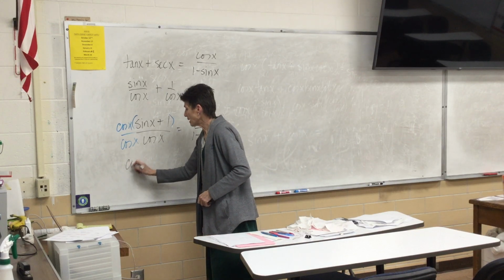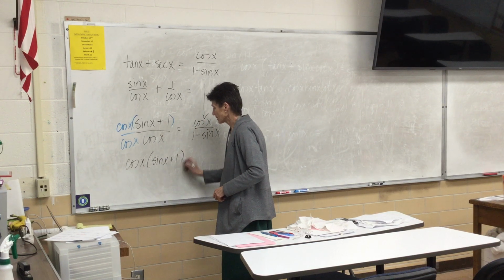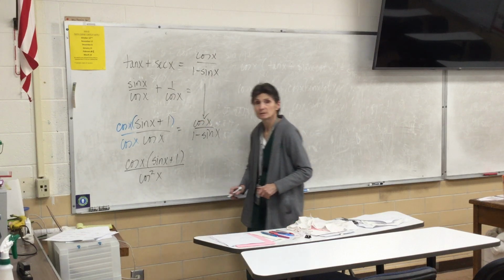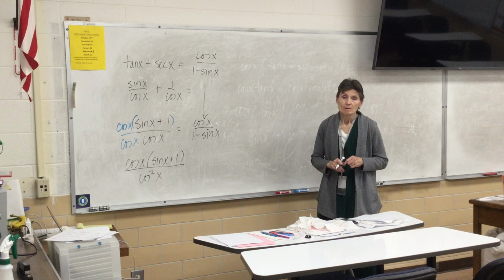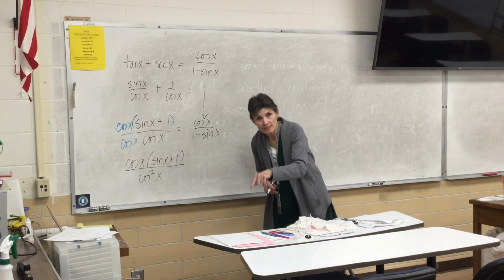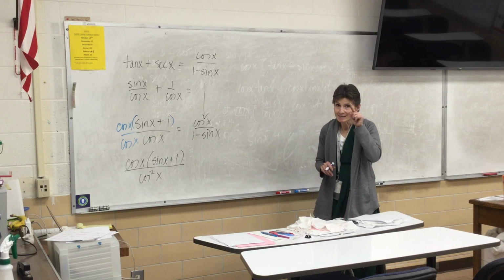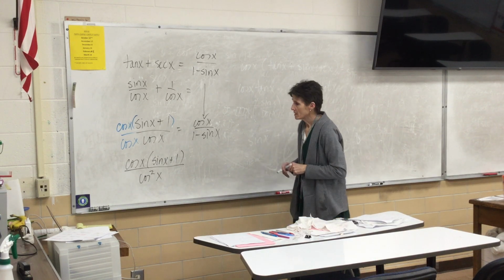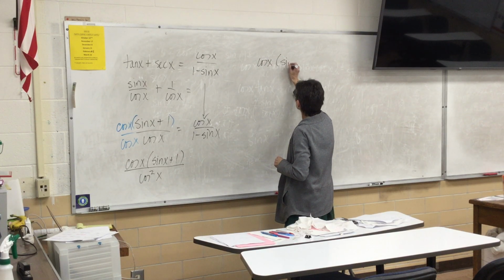Now, on the top, I have cosine, sine plus 1. And on the bottom, I have cosine squared. Now, I am getting very, very excited because on my colored sheet, I ask you to write down, what does cosine squared equal?